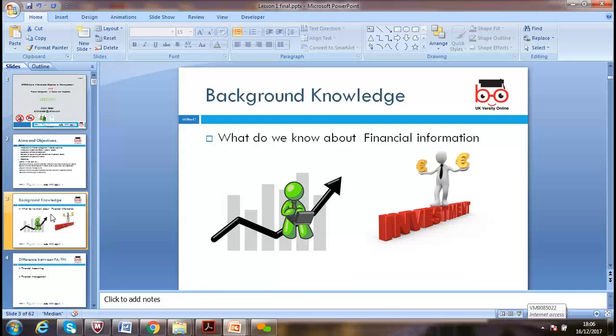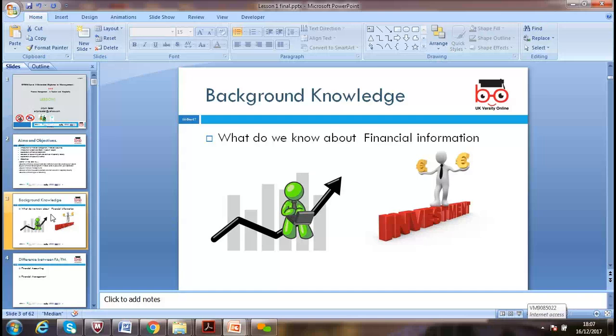We can look at the company's financial statements: profit and loss, balance sheet, cash flow, and the shareholder statement, which a public limited company must publish. The information is available on the stock exchange, on the company website, and at Companies House, which is where the company is registered with the registrar's office. That provides us with financial information.